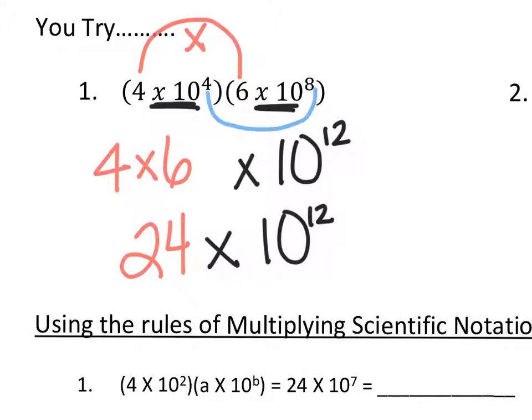As soon as you're done with this, you must press that arrow button and hit close parentheses. Because if you don't hit the arrow button, then the parentheses is going to stay up here with the 4. Okay? It seems trivial about the arrow button, but you have to press it. So parentheses, parentheses, 4 times 10, caret button to the 4th. Hit the arrow button so you get the big cursor, close that parentheses, and then do it again.